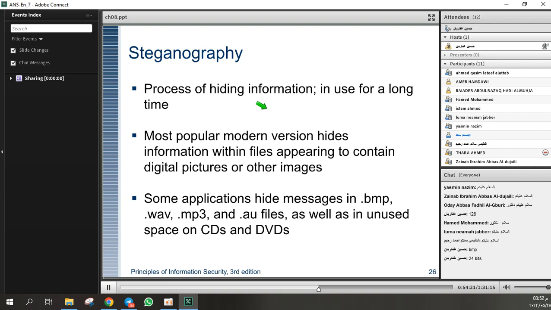So we can rob some of those bits. For example, what will happen if I rob 8 bits from those 24 bits? Nobody can detect it. Why? Because my eyes cannot detect it. I'm robbing 8 bits and I put some information in those 8 bits. Everybody looks at the file and says, okay, it's an image, nothing.